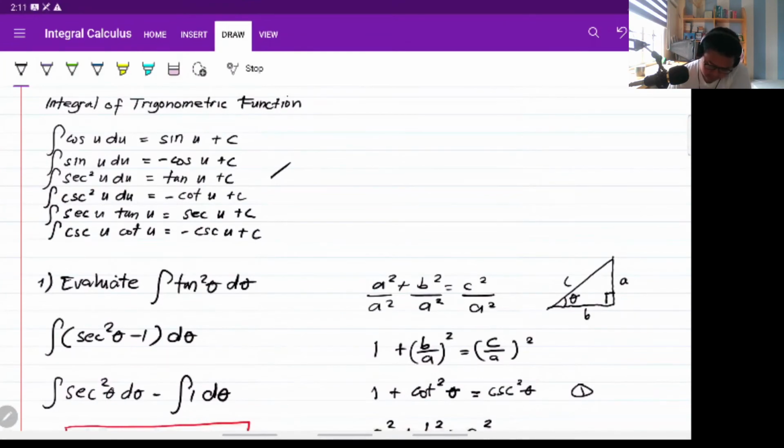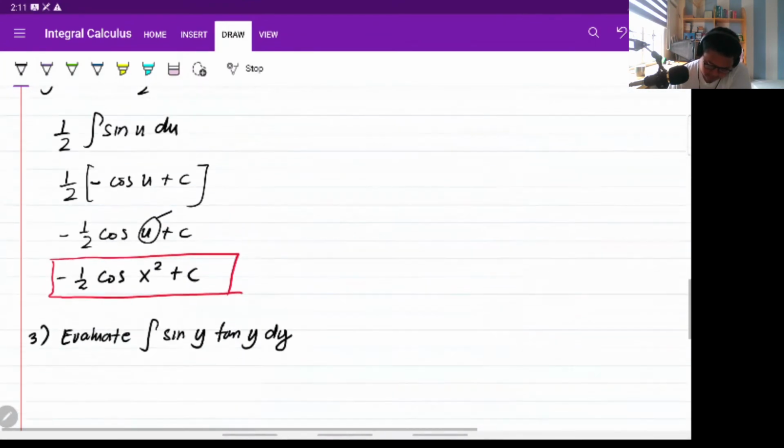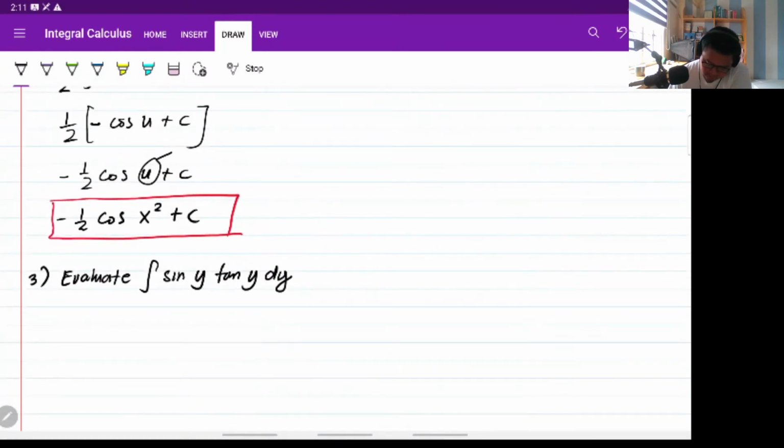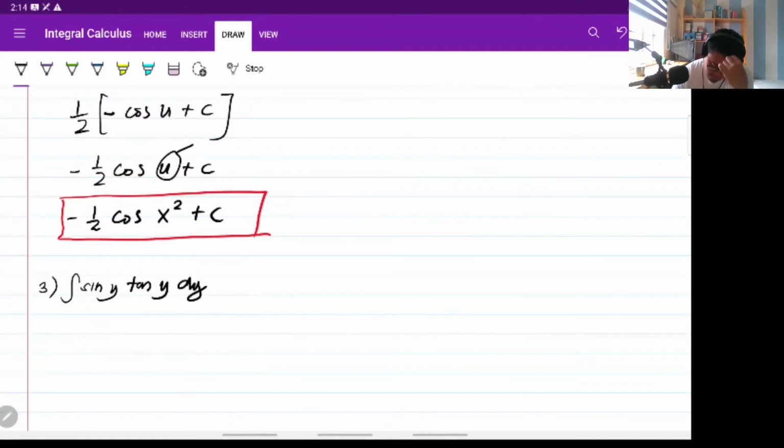So we must find another function to represent this original function that is equivalent but integrable. I know that tangent y is equal to sine y over cosine y. So recall your trigonometric identities.